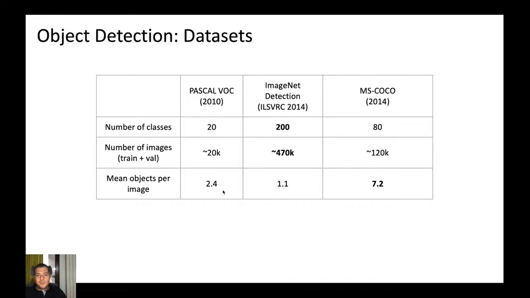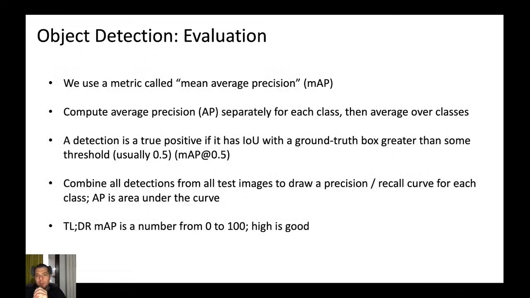So in Pascal VOC we have 2.4. In ImageNet, since it was usually collected to have only one object per image, the average is 1.1, so there are only a few images with more than one object, while MS-COCO has an average of 7 objects per image.